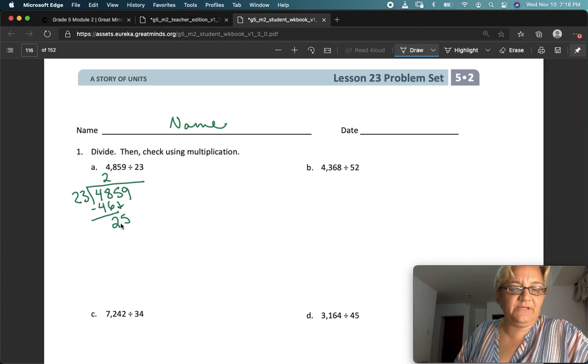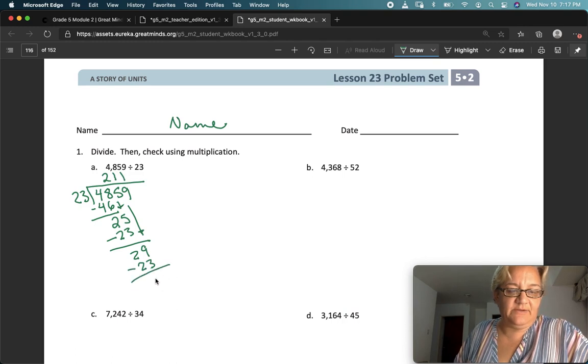Now I have 23 into 25. Well, that's only going to fit in there once. So 1 times 23 is 23. Now I have 2, and I bring down the 9, and I have 29. And 23 fits into 29 one time as well. 1 times 23 is 23, and my remainder is 6.